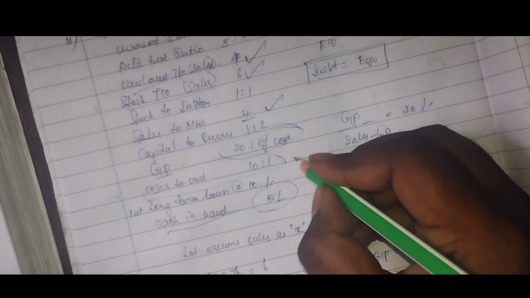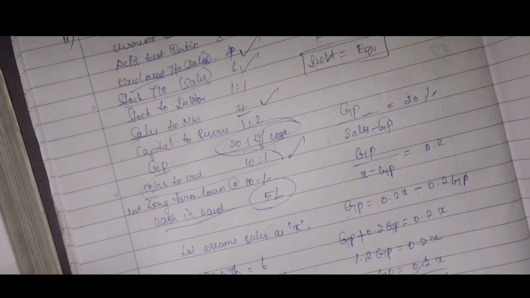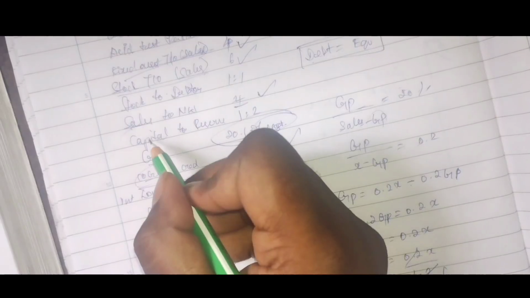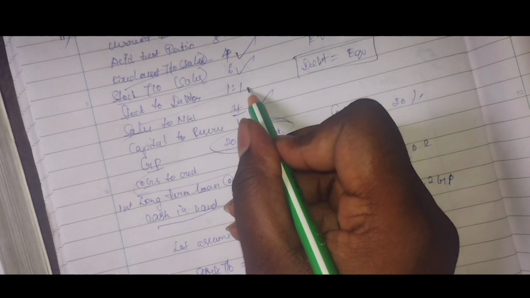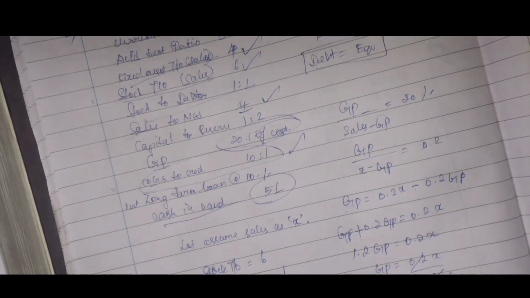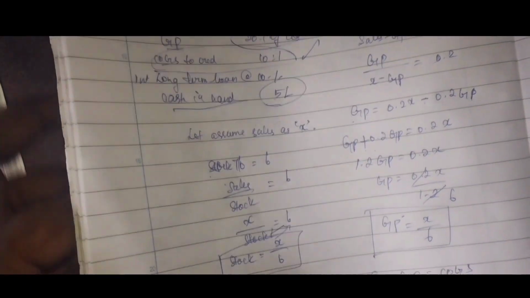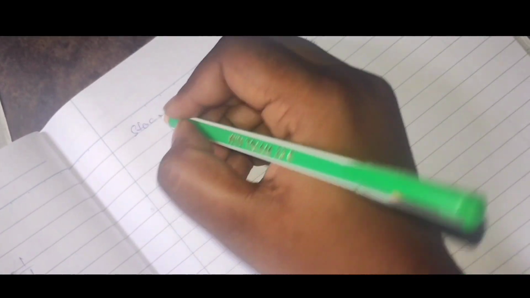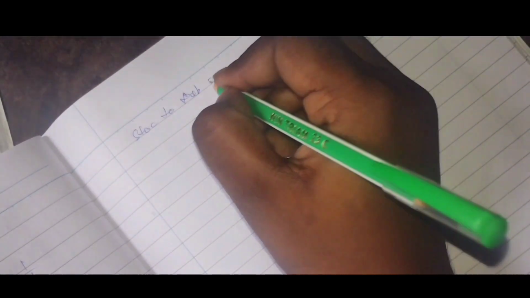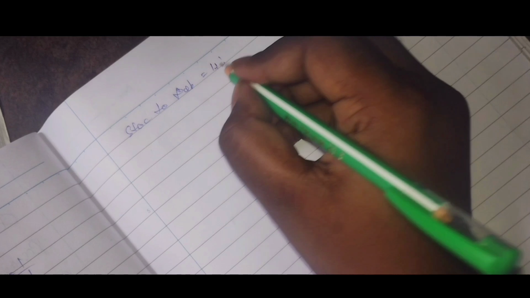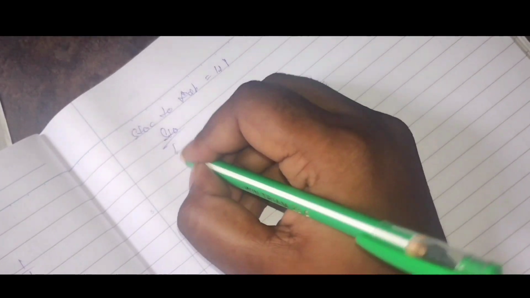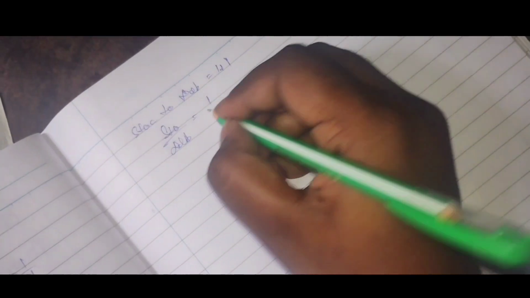And we just completed this, and we are given stock to debtors, which is 1:1, nothing but stock is equal to debtors. Stock by debtors is equal to 1 by 1.